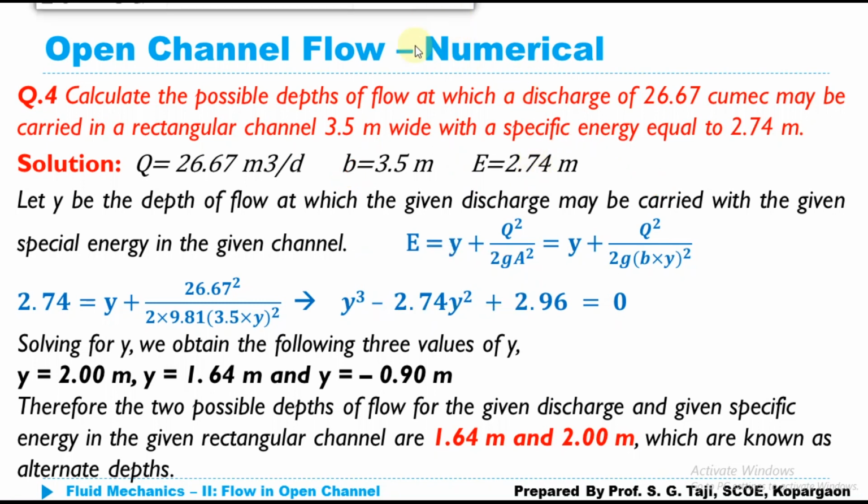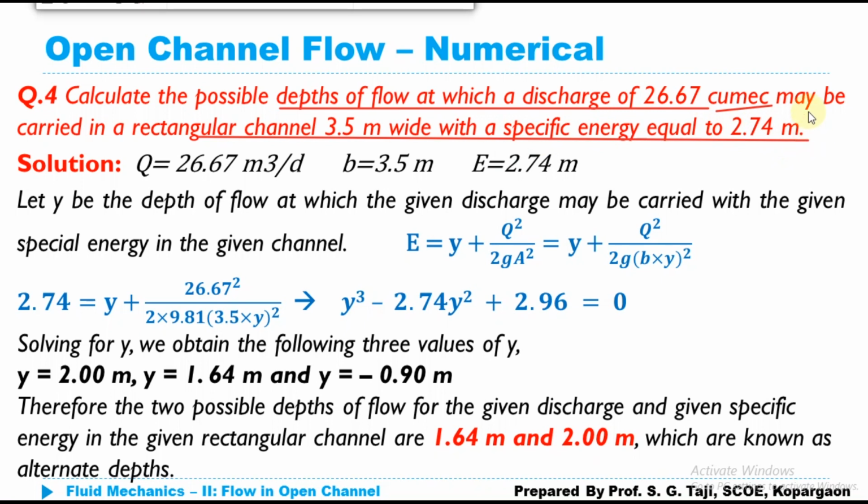So in this numerical, they have asked to calculate the possible depth of flow at which a discharge of 26.67 cubic meter per second may be carried in a rectangular channel of 3.5 meter width with specific energy equal to 2.74.